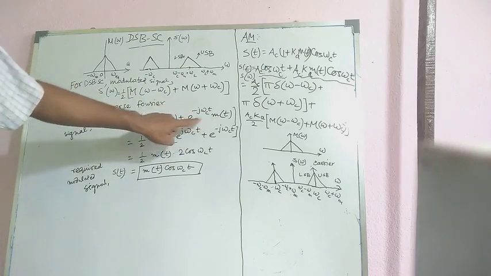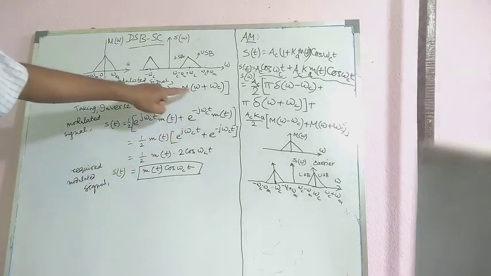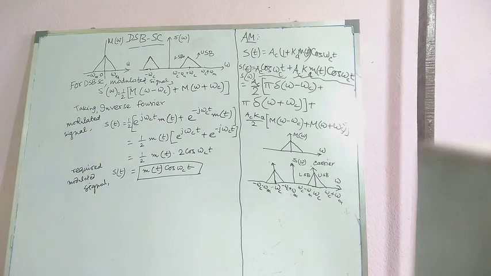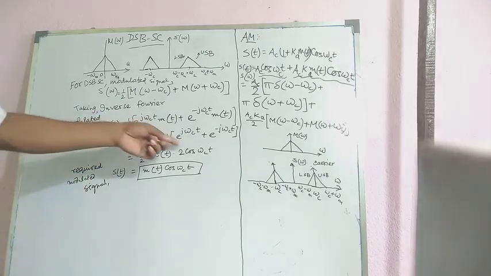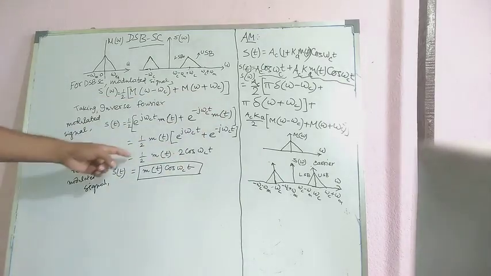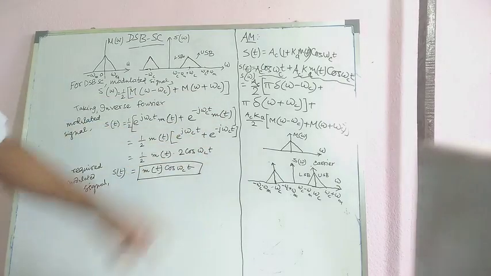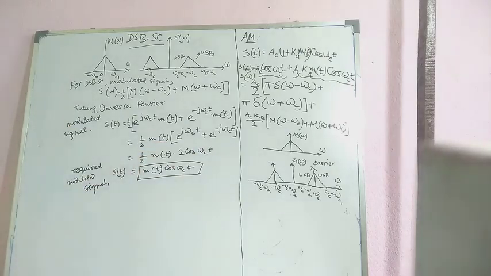And if we multiply the message signal by e to the power minus j omega c t, we will get M(omega plus omega c). So what is my required modulated signal? It is half m(t) taking common, e to the power j omega c t plus e to the power minus j omega c t. That is nothing but half m(t) into 2 cos omega c t, or simply m(t) cos omega c t.